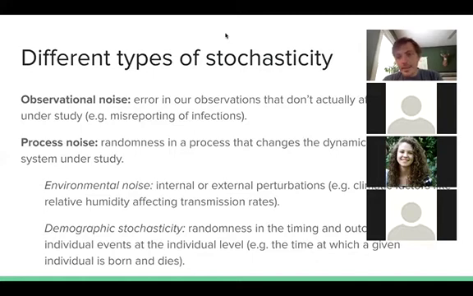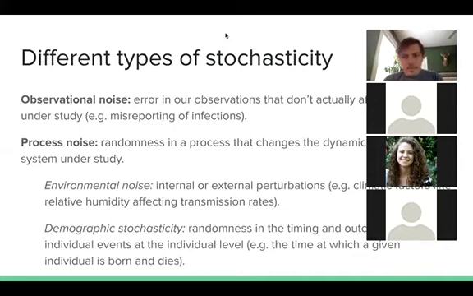But it doesn't necessarily have to be a climatic factor. It could also be something internal to the behavior of individual hosts. It could be, for example, that there are random fluctuations in the transmission rate of an SIR model because different numbers of people are out traveling about and contacting one another on a given day at a particular time. So we'll refer to this all as environmental noise.